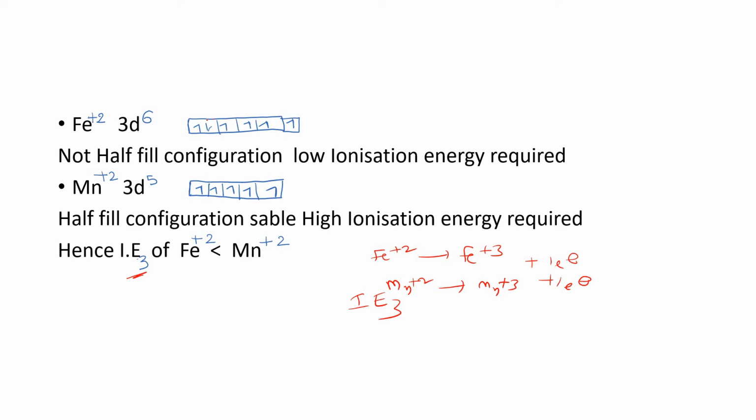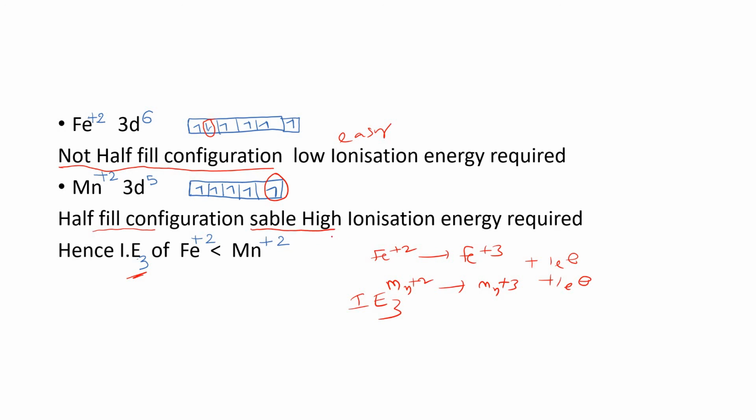First we see Fe +2. Which electron are we removing? 3d6. It is not at all a half-filled configuration, so it is easy. Now for manganese +2, the electron we are removing is from a half-filled configuration, which is highly stable.